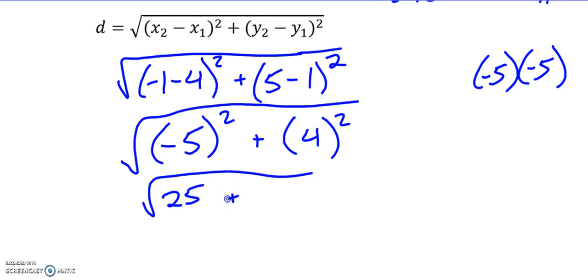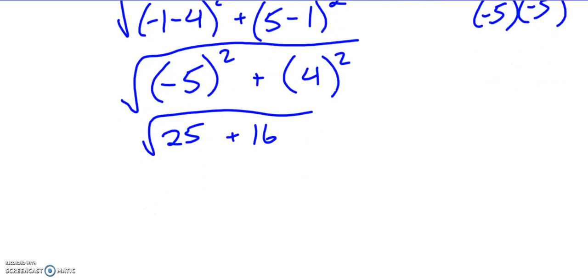So anyway, this will then be 25 plus 16, and if I add those two things together, we will get 41, and we can't simplify that any further. So we could say that the distance between those 2 points is the square root of 41, or if we wanted to, we could type 41 into the calculator, which I'll do real quick here.